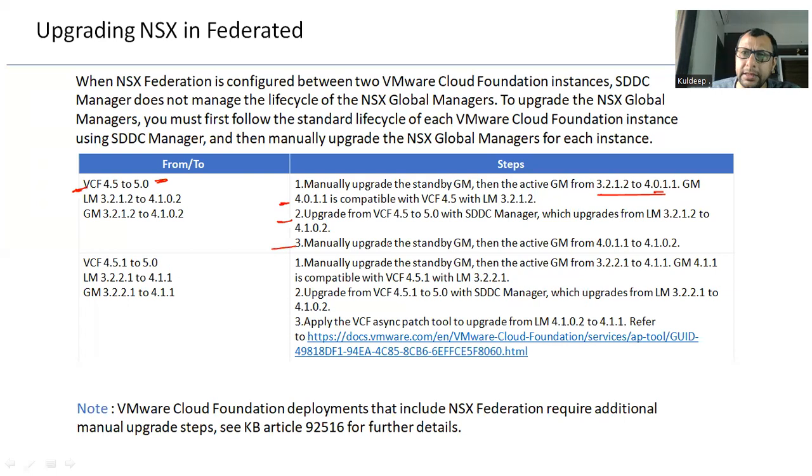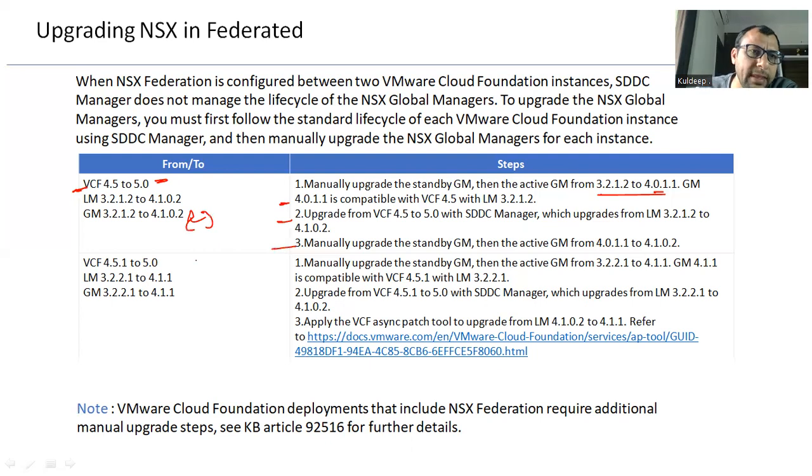So here the process is a bit tricky. We have to take care of the compatibility, how the global manager and the local manager are compatible with each other. So according to that, we have to upgrade the global manager and the local manager. However, the global manager you have to upgrade individually by logging into the NSX console of the global manager.